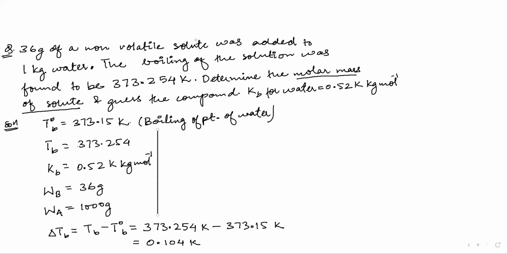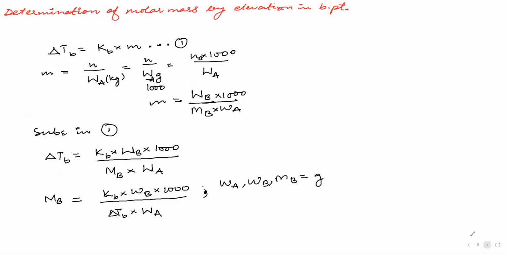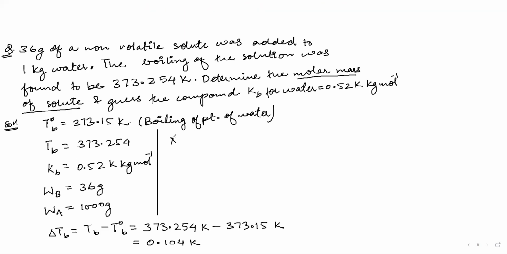Let us see. MB is equal to KB into WB into 1000 upon delta TB into WA.